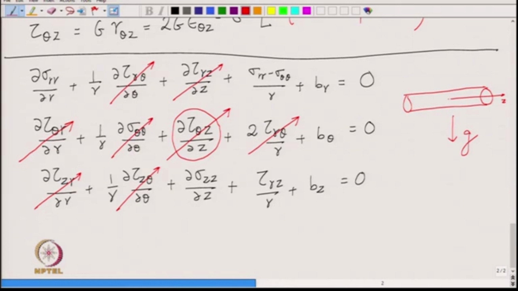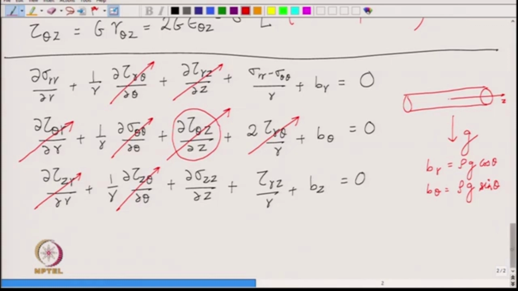So, depending on where the theta is starting from, B r would be something like rho g cos theta and B theta would be rho g sin theta. Basically, it will have cos and sine or sine and cos, okay, depending on where the theta is starting from. So, this is one situation.